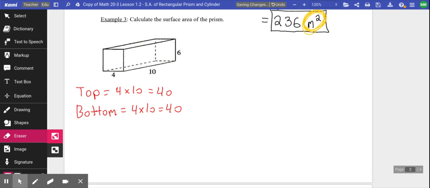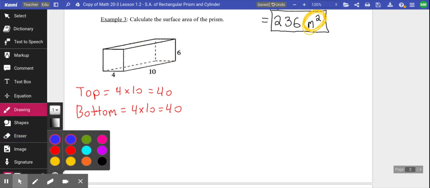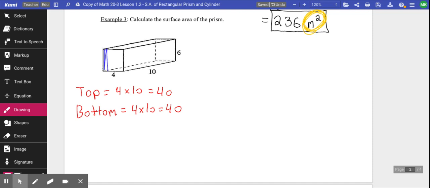The next sides I'm going to do, I'm going to do this front piece right here. I'm going to call it the front. And this back piece back here. I recognize that those are the exact same, right? They're almost squares, right?